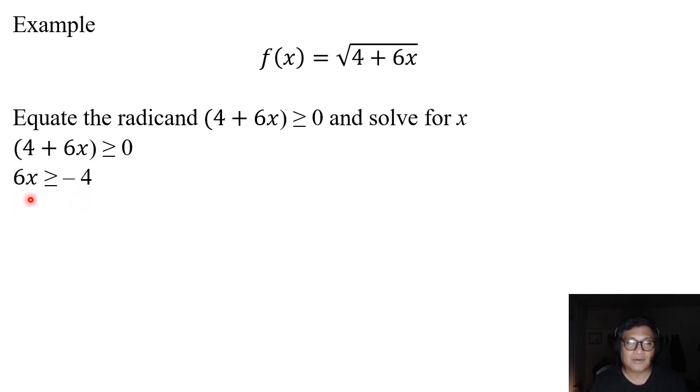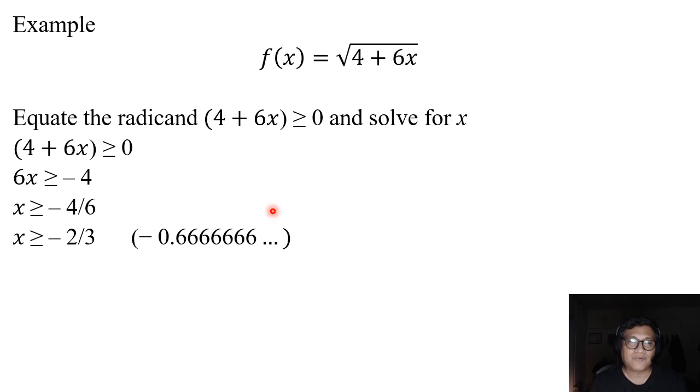Similar to equations, we divide both sides of the inequality by 6. Simplifying, 6x divided by 6 is x, greater than or equal to negative 4 divided by 6, which is negative 4 over 6, or you can simplify this further as negative 2/3.